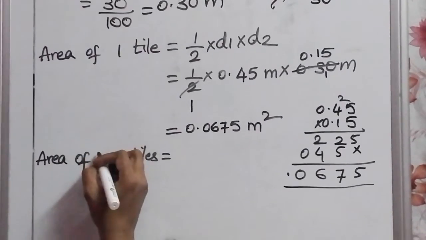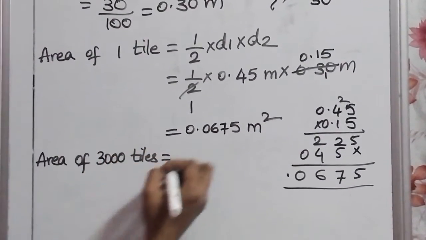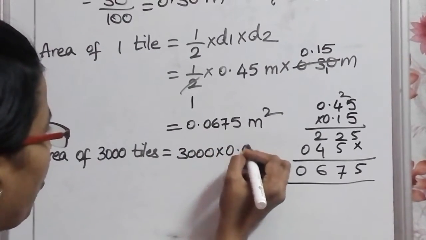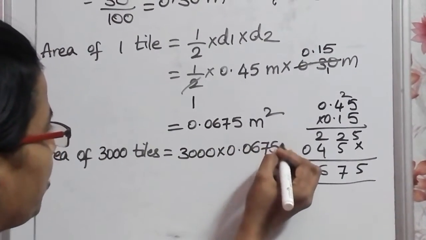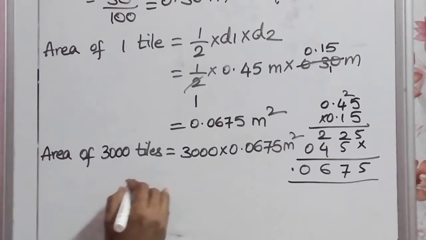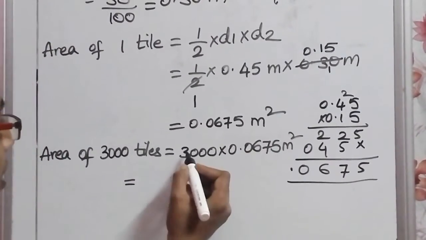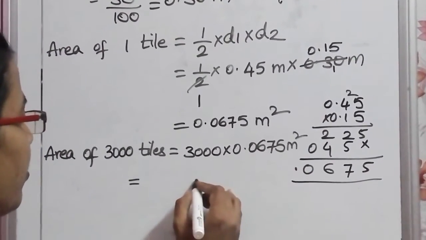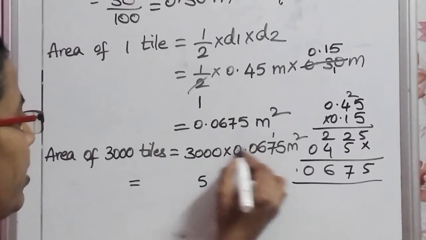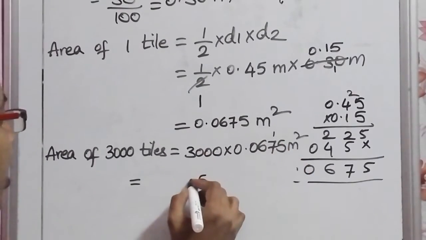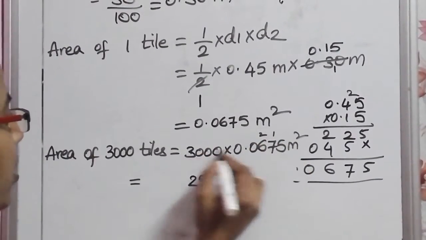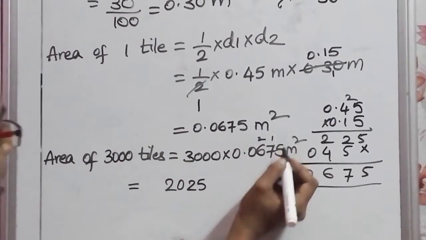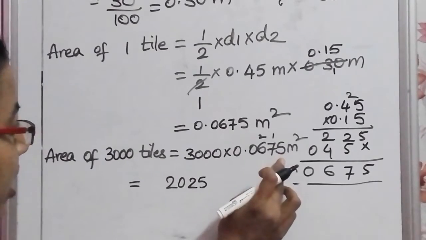Now the area of 3000 tiles we are going to find out. So 3000 into 0.0675 square meters. Multiply this with 3. 3 fives are 15. 3 sevens are 21, 22 to carry. 3 sixes are 18, 19, 20. Okay. So here we have multiplied with 3.